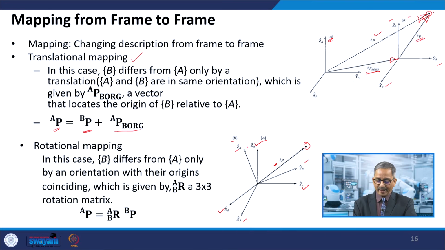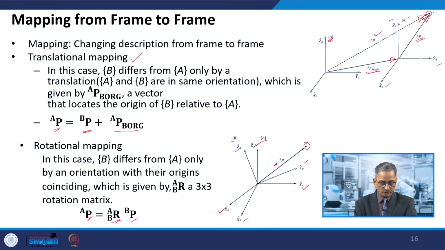Now, here frame A and frame B are not overlapping, okay, which means that B has an orientation with respect to A, and I am defining this point with respect to frame B. So, now if I have to define this point with respect to frame A, I can do that very simply mathematically. I can multiply this position vector PB with this rotation matrix R, B to A, and this way we will be getting the description of point P with respect to frame A. And remember here, the origins of both B and A are the same. Okay. So, this is the case here.